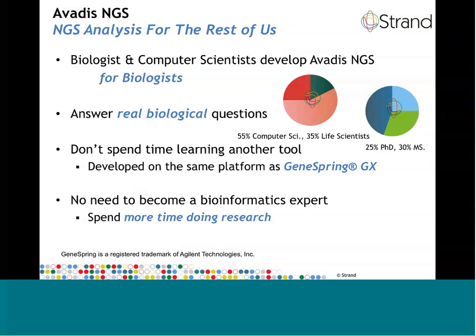For those of you that are current GeneSpring users, you will be happy to know that some of the NGS functionality currently offered by Avadis NGS will be integrated into the GeneSpring platform in the coming year. This will allow you to perform both array and NGS-based analysis in the same package and compare and contrast the results from different and orthogonal technologies, thereby further enhancing your research.